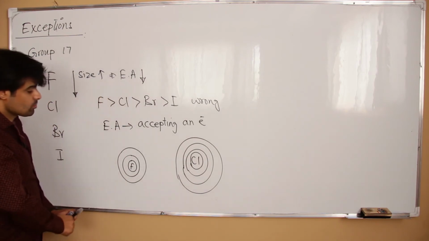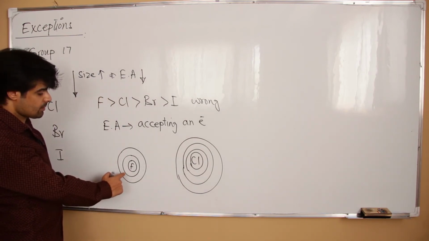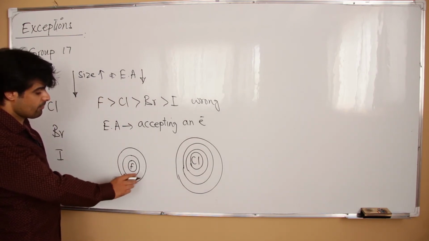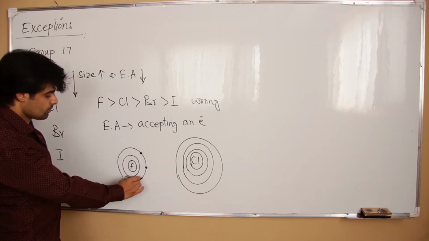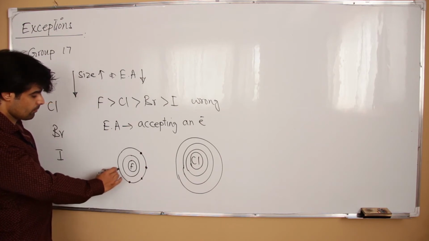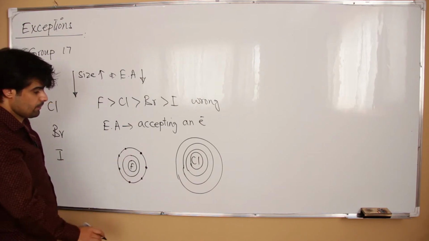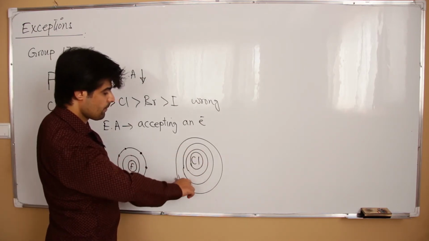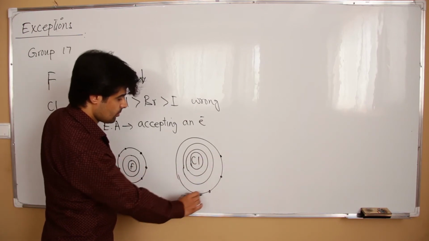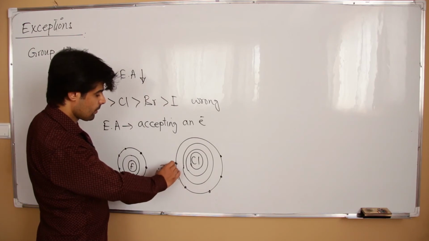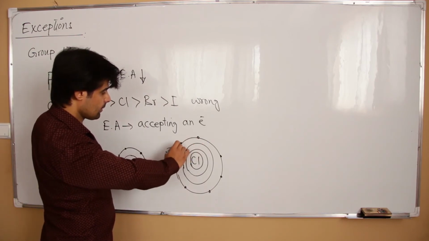How many electrons does fluorine have in its last shell? It has 7 electrons. 3, 4, 5, 6, 7. How many electrons does chlorine have in its last shell? 7. 2, 3, 4, 5, 6, 7.